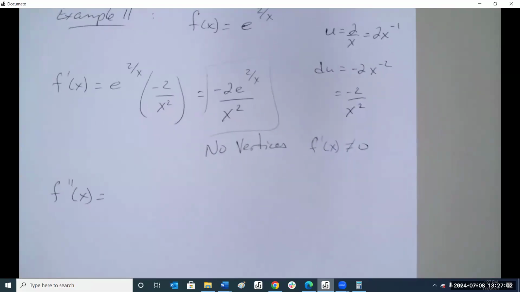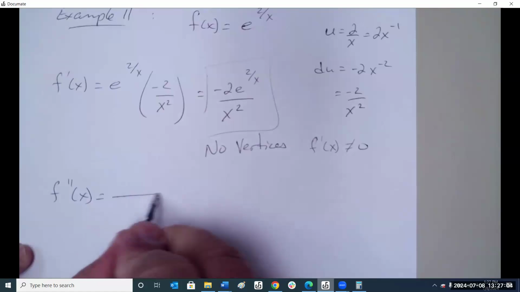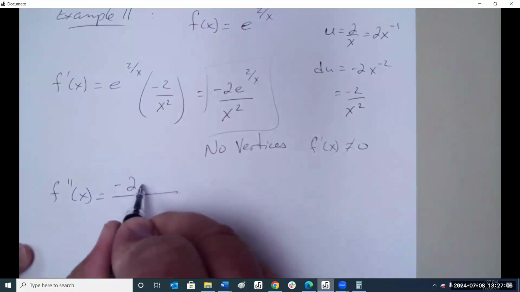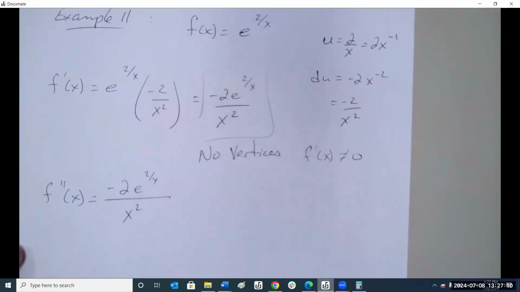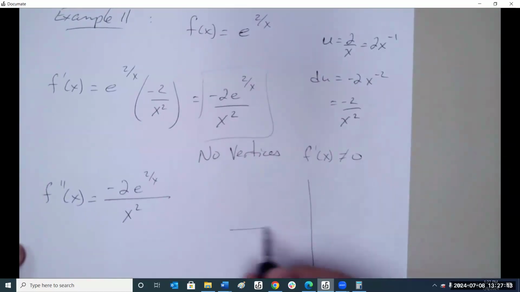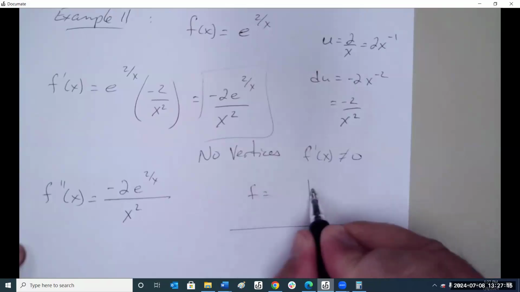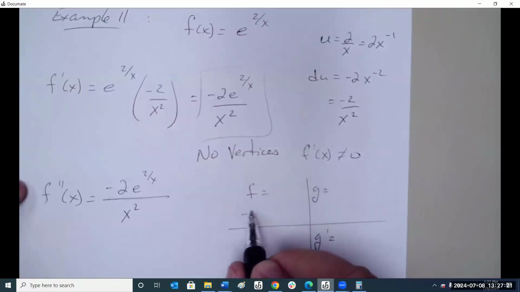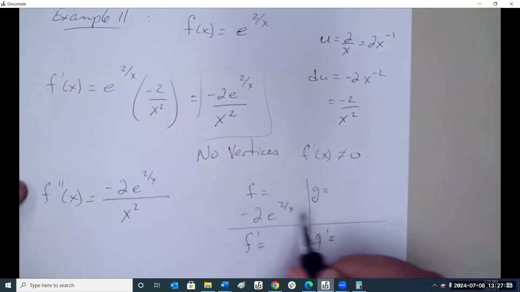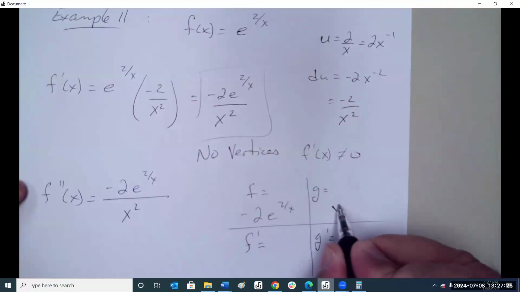The second derivative, -2e to the 2 over x over x squared.